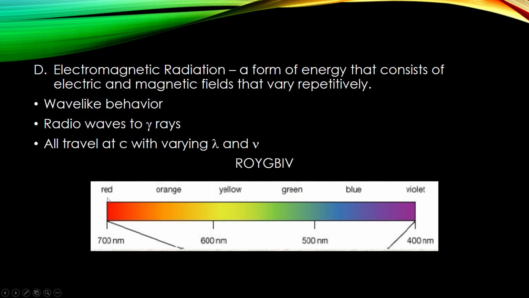You can see here, red light has a wavelength of 700 nanometers, whereas violet has a wavelength of 400 nanometers. So we're going to have a higher frequency of light in the violet spectrum versus the red, because red has a large wavelength, so it's going to have a smaller frequency, whereas violet has a smaller wavelength with a higher frequency.